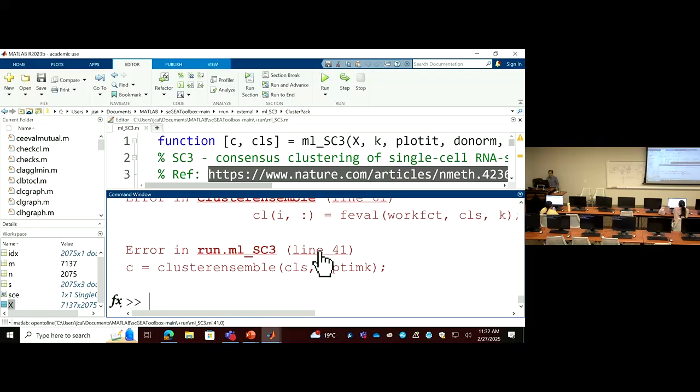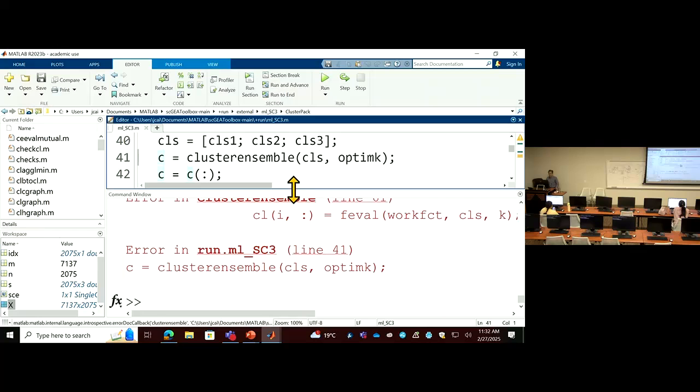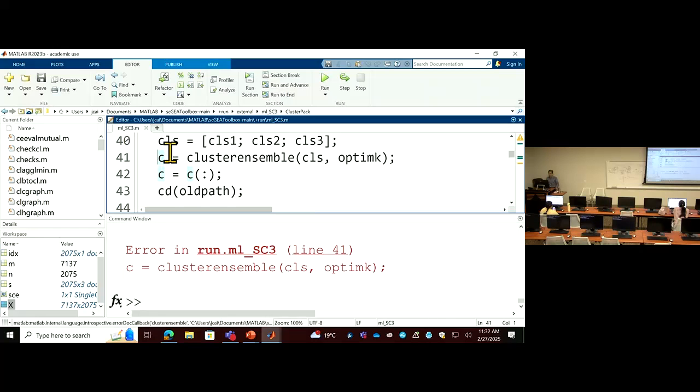Yeah, so I did find a problem in this step here. Basically, this is the last step to put all the output from the previous k-means algorithm together and assemble the results.